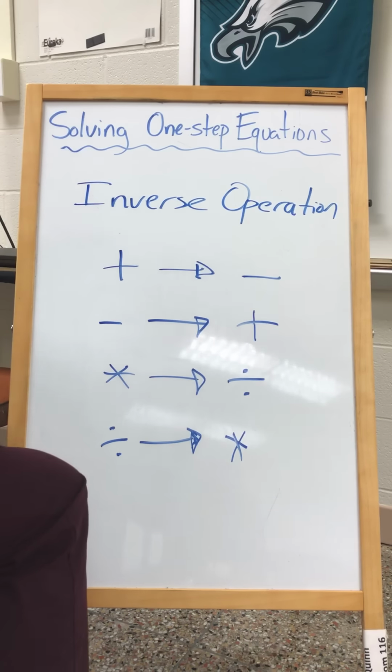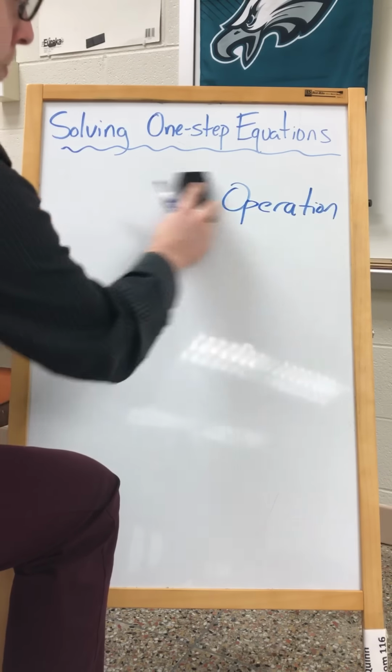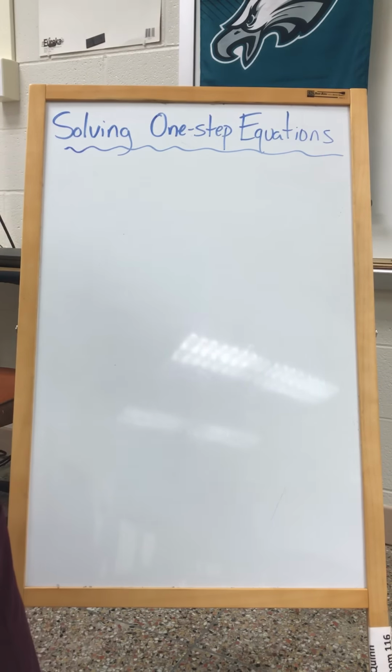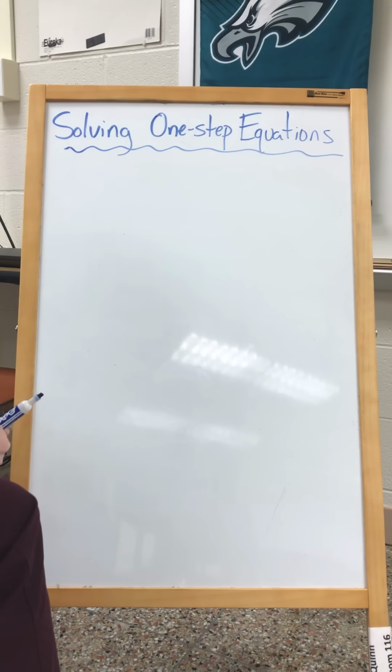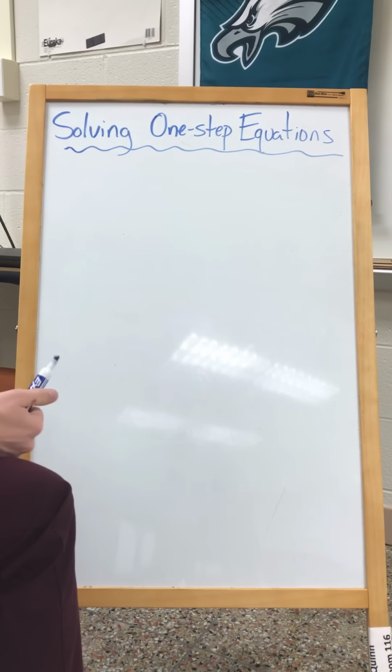I'm going to talk you through one more example before we wrap this video up. And it's going to be a word problem. The word problem says that John has X apples. If he adds 5 apples to his pile, he will have 8 apples. What is the value of X?